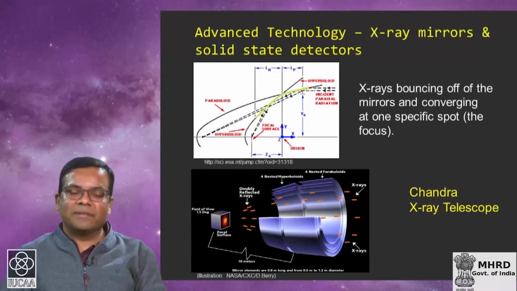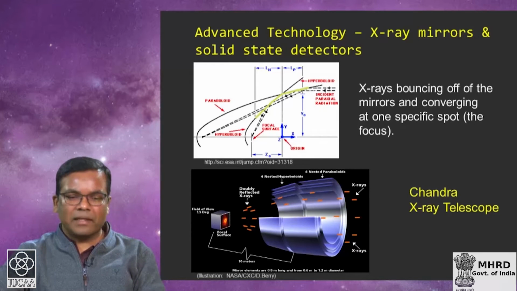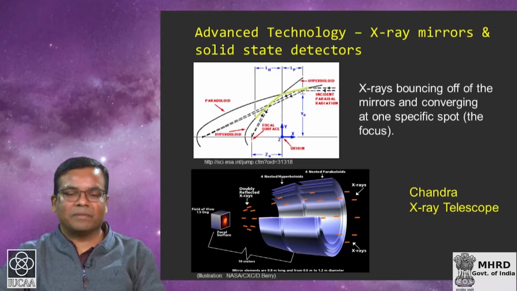Using this principle, X-ray telescopes have been constructed, but you need two X-ray mirrors, one with a paraboloid shape and another with a hyperboloid shape. Such a configuration is called Wolter 1 geometry.